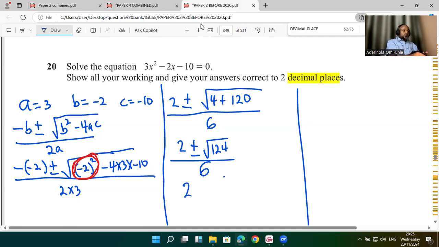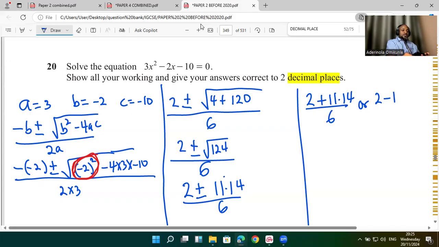So I have 2 plus or minus 11.14, I beg your pardon, all over 6. That gives me 2 plus 11.14 over 6, or 2 minus 11.14 all over 6. So 11.14 plus 2, divided by 6, gives me 2.19 for the positive one.